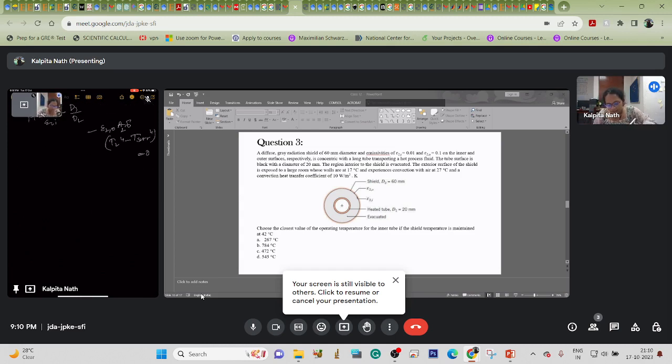So now epsilon 1 is given as 1. Substituting the numerical values, A1 upon A2 is equal to d1 by d2, and solving for T1.